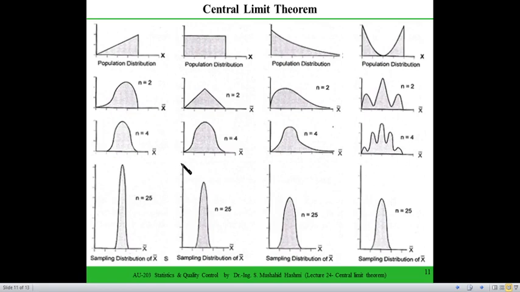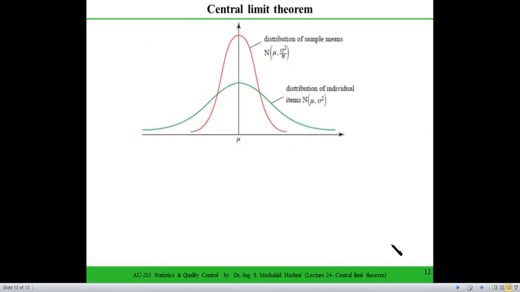If your sample size is 4, or 25 or 30, then your sample mean distribution, this is x and this is x bar, so this is actually the sample mean distribution, would look like a normal distribution. So whatever your parent distribution is, if your sample size is large, then the sample mean distribution would always be a normal distribution, and this is what the central limit theorem is all about.